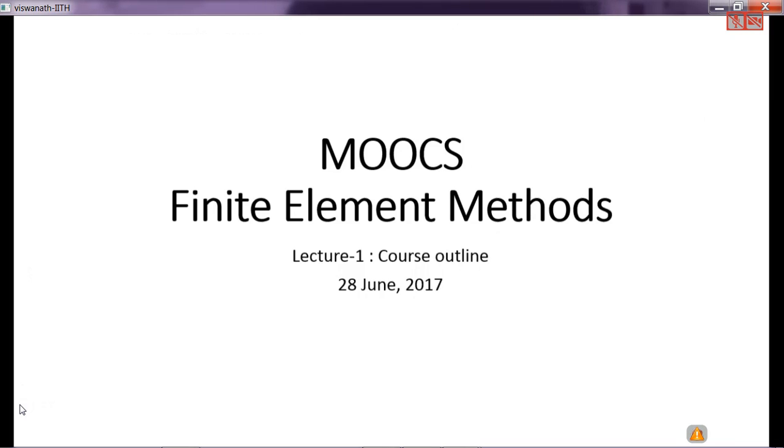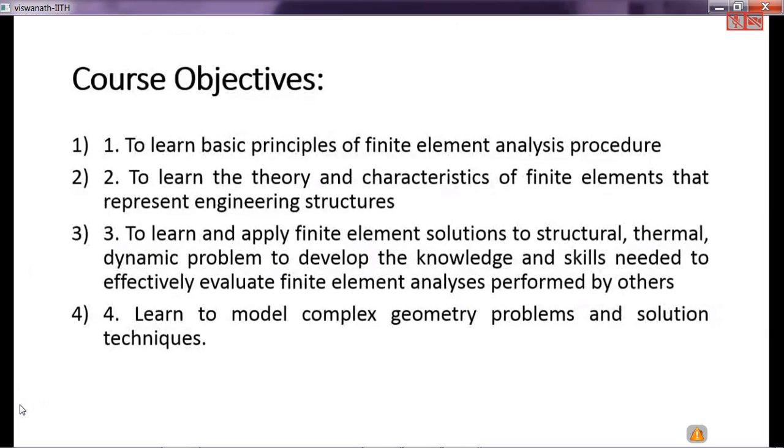To start with, the objectives of the course are to learn the basic principles of the finite element analysis procedures. Even before you start learning the finite element procedures, one has to learn about the equilibrium equations, the governing differential equations that carry through. That I'll be telling you in the subsequent lectures. The next thing is to learn the theory and the characteristics of the finite element that represents engineering structures.